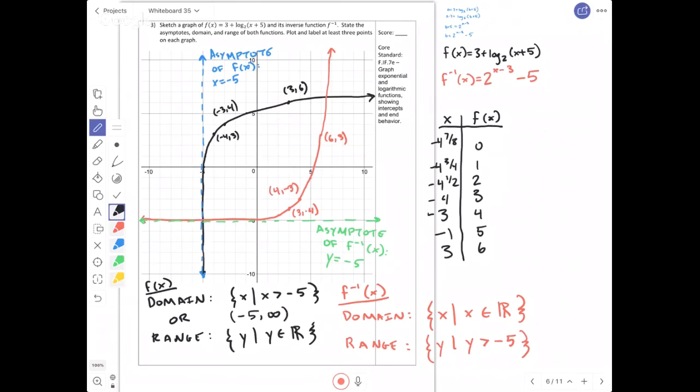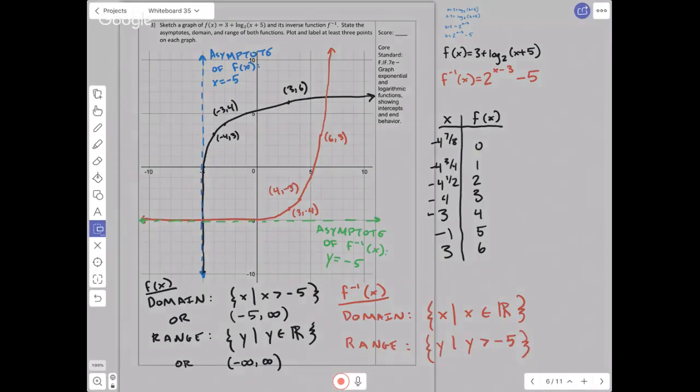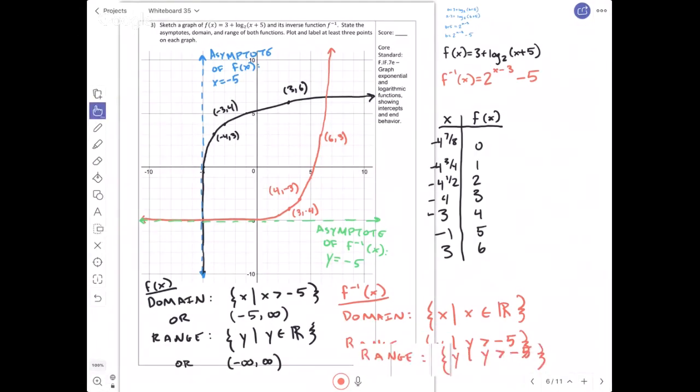Another way of writing the same thing. Or -infinity to infinity. And same deal over here. If I can grab it, I'll move it on down. And then erase.